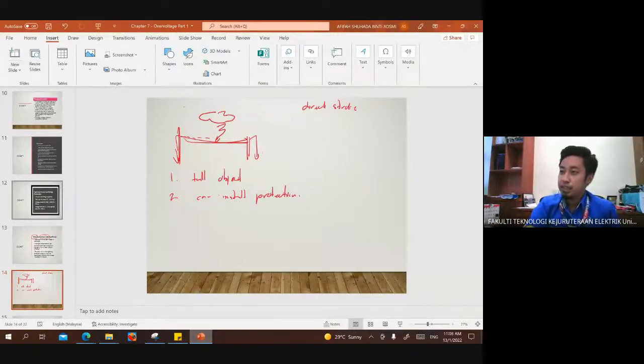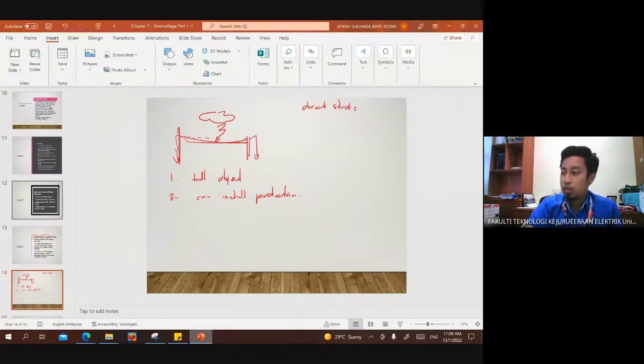However, the direct stroke is very rare in nature, and it only happens to the tall objects.